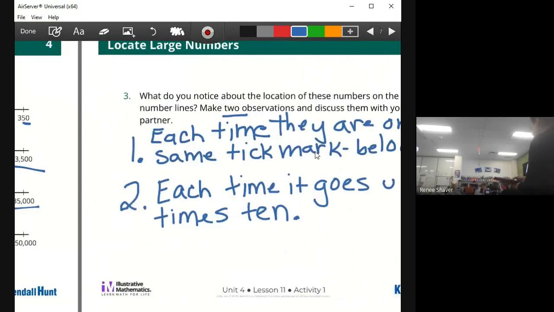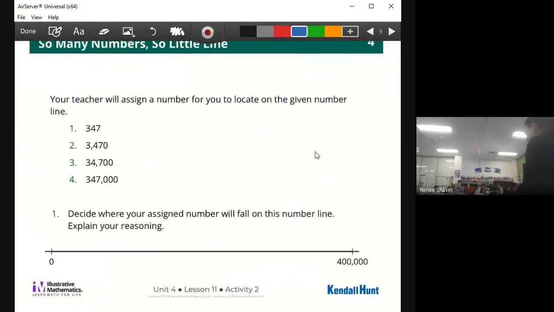Okay, now I think we can look at activity 2. Your teacher will assign a number for you to locate on the given number line. Decide where your assigned number will fall on this number line. Explain your reasoning.